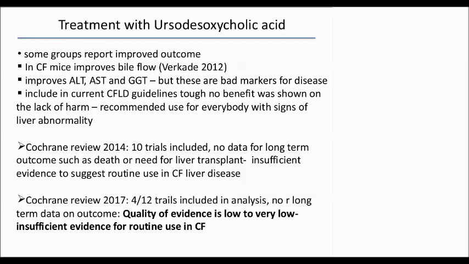So commonly, people go to treatment. If you have diagnosed your patient with CF liver disease, what can you do with that patient? Is there any treatment that you can offer in order to change the outcome? And currently, there's actually not.